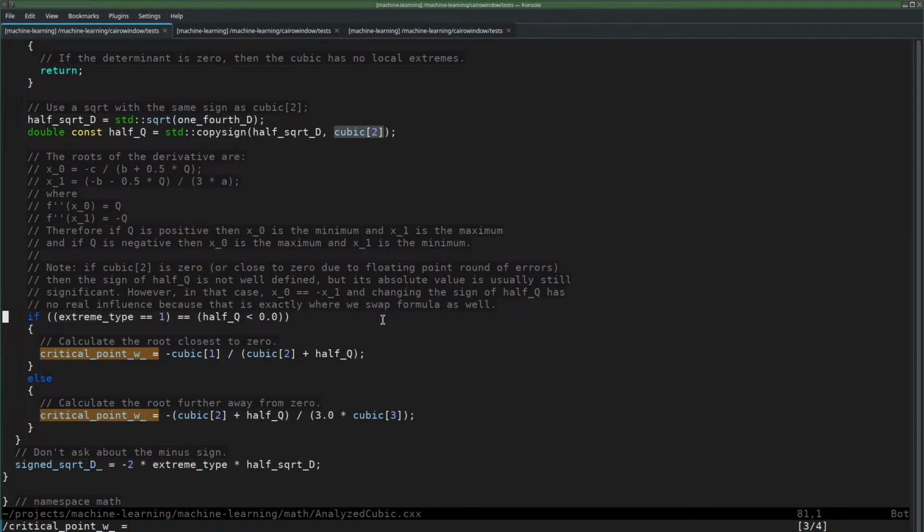And we don't know that sign, unfortunately. Okay, that sucks.